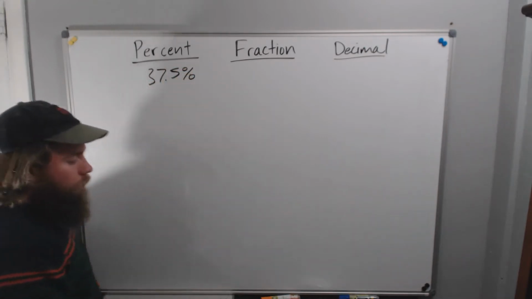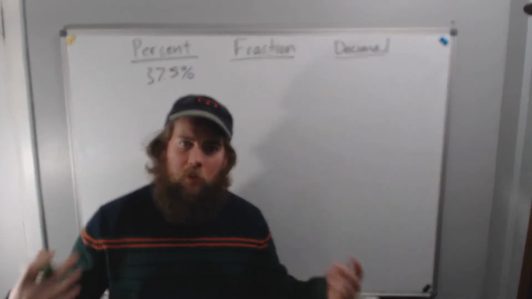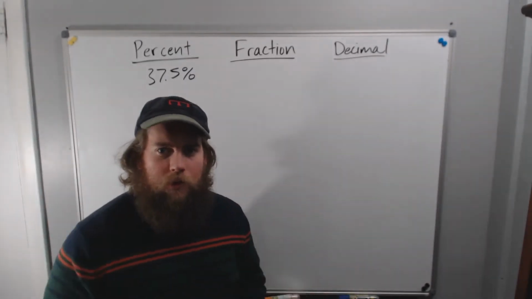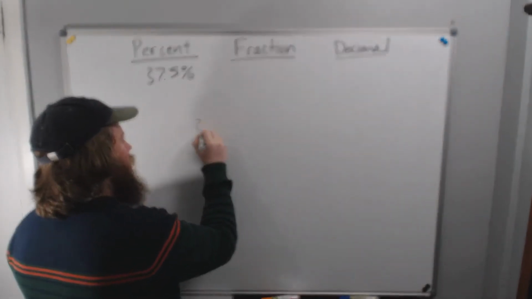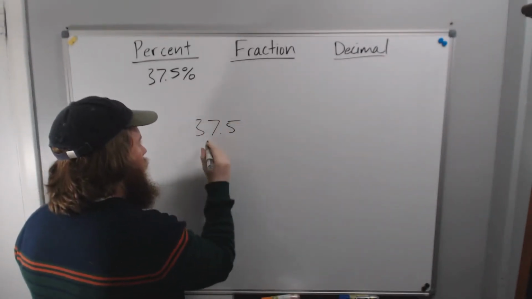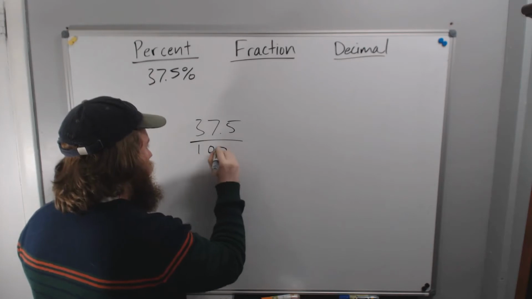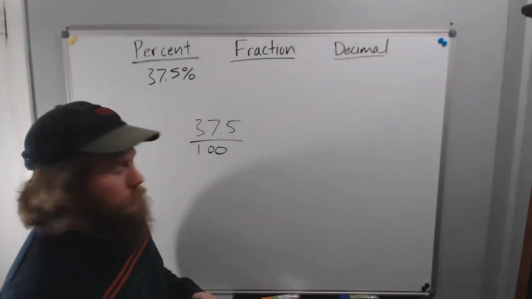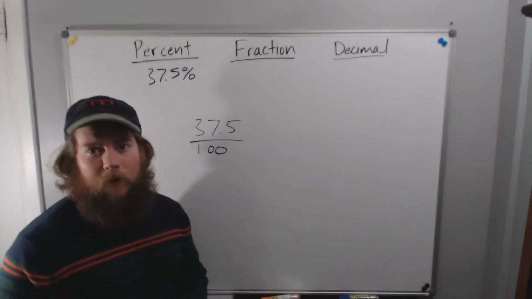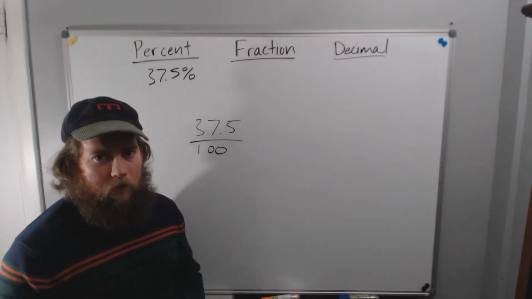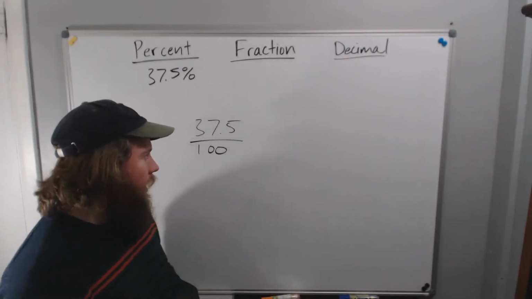Well, let's just remember percent means out of 100. So 37.5% means 37.5 out of 100.